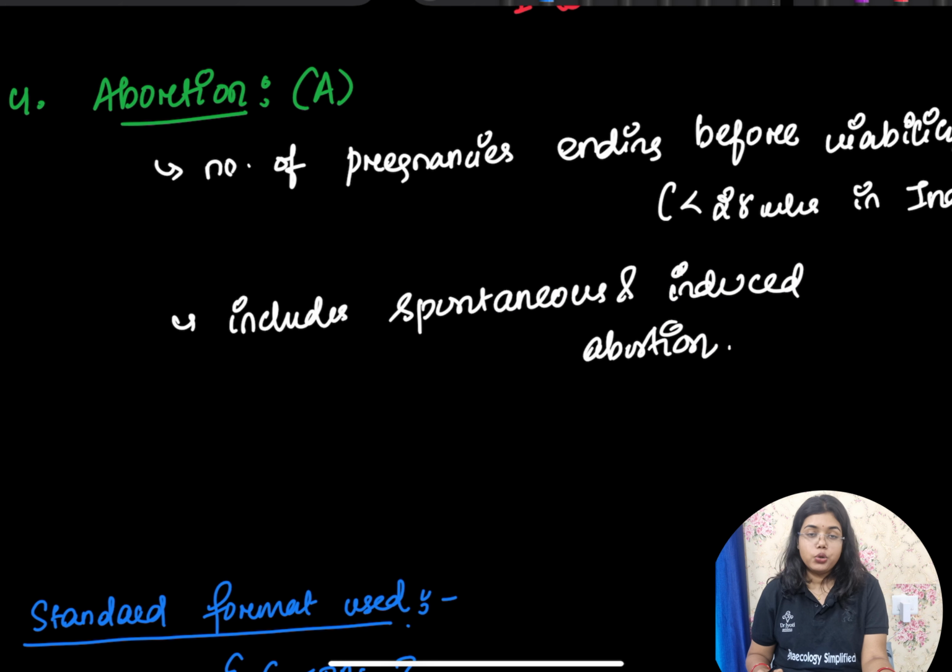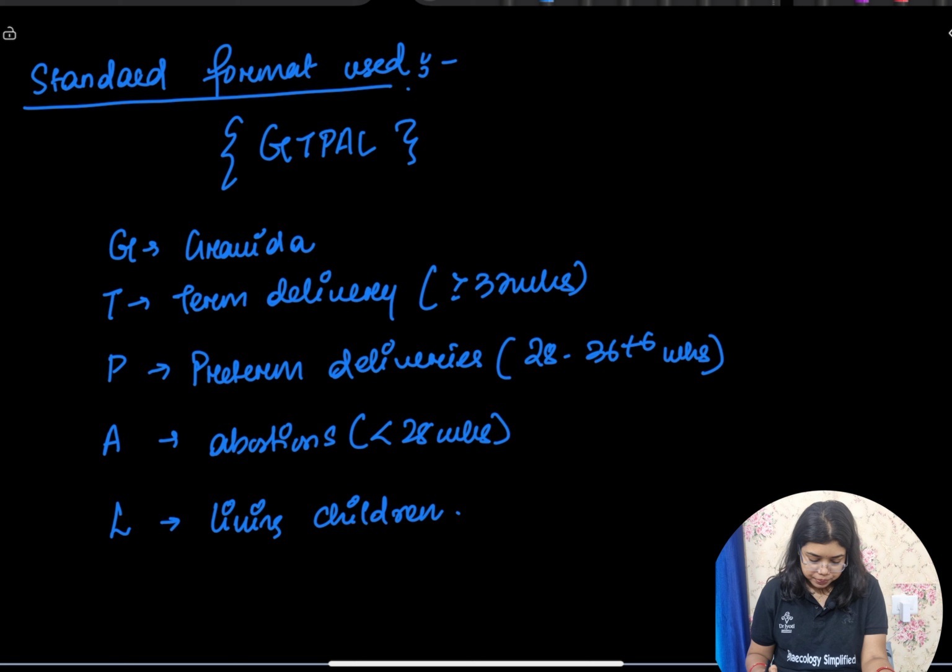Do we include molar pregnancies in abortion? Yes, we include molar pregnancies and ectopic pregnancy in abortion. Then what is the standard format used? The format used is GPAL: gravida, para, abortion and living.